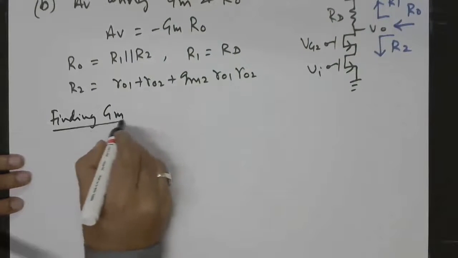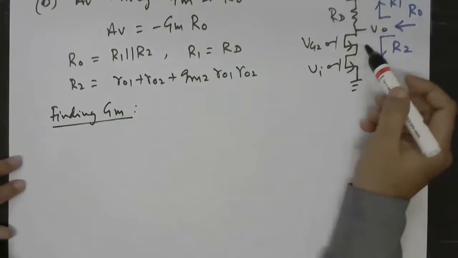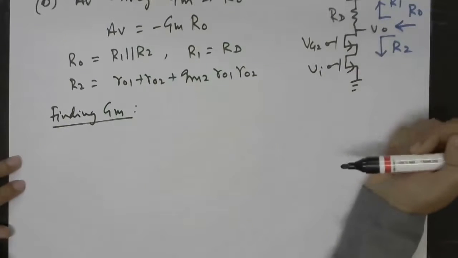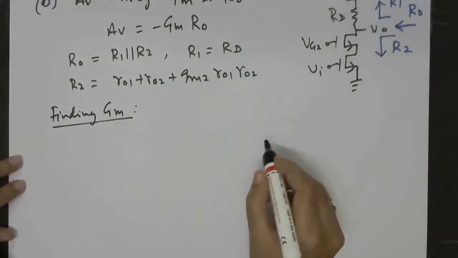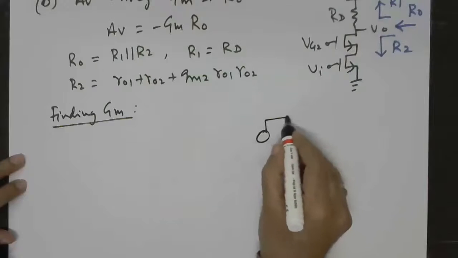Finding GM. For finding GM, we will have to substitute this MOS by the small signal models.